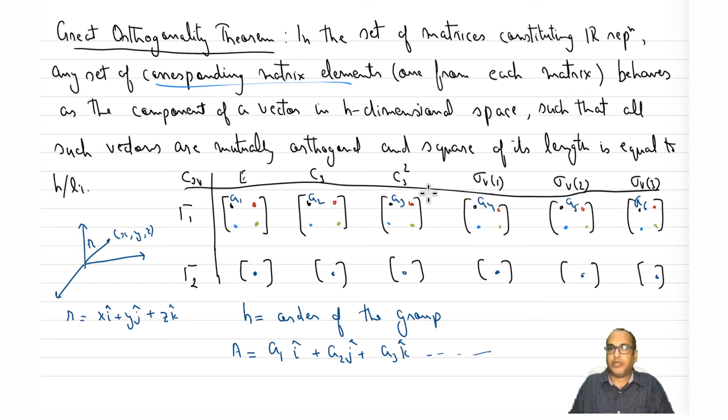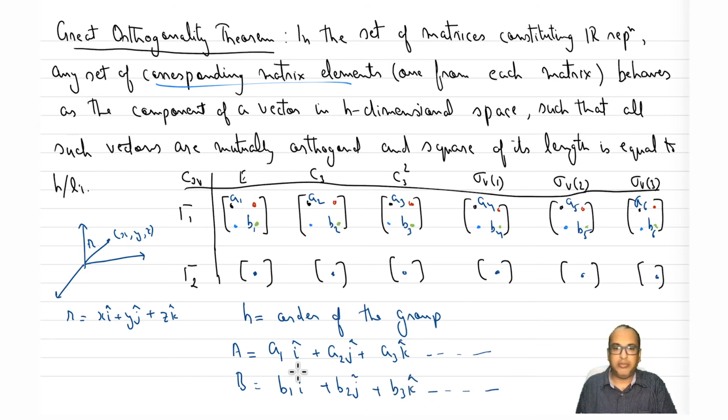Okay, so all these matrix elements form components of a vector in h-dimensional space such that all the vectors are mutually orthogonal. So when I say mutually orthogonal, what do I mean? If I take another vector as b vector, let's say I call it b1, b2, b3, b4, b5, b6, then my b is nothing but b1i plus b2j plus b3k and so on, where these are unit vectors along these dimensions.